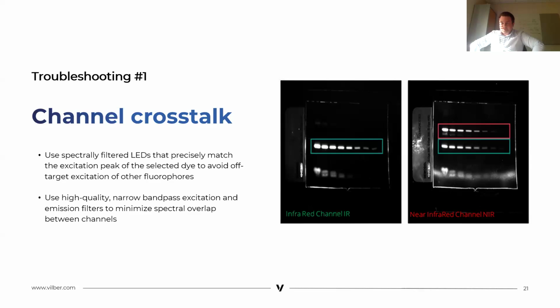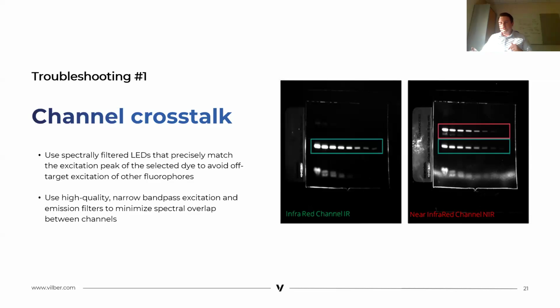This occurs when the excitation wavelength or emission of one dye is too close to another, causing signals to overlap. To avoid this, you have to use spectral filtered LEDs that precisely match the excitation peak of your selected dye.